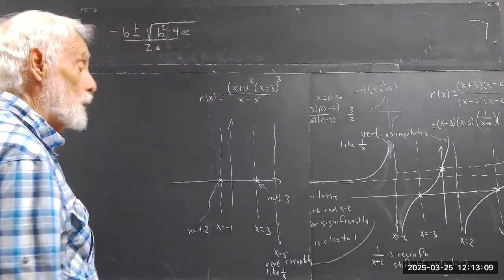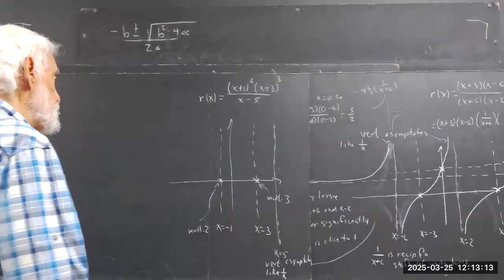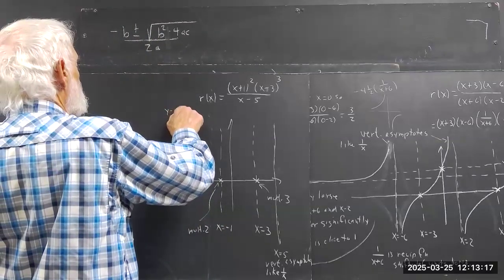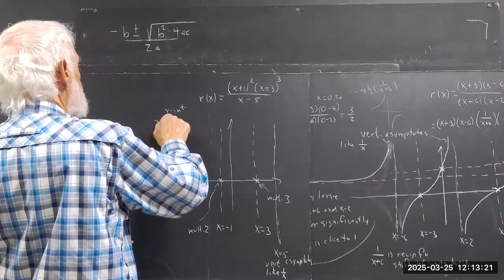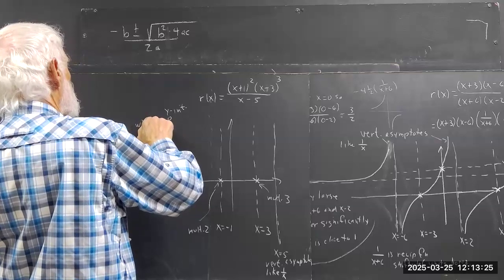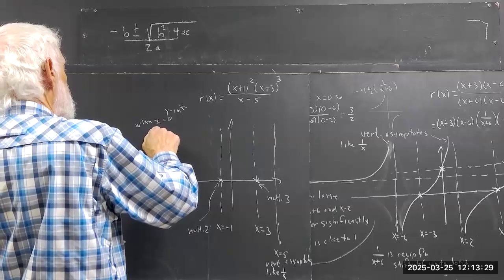I'll say like 1 over x. My intercept is when x equals 0.